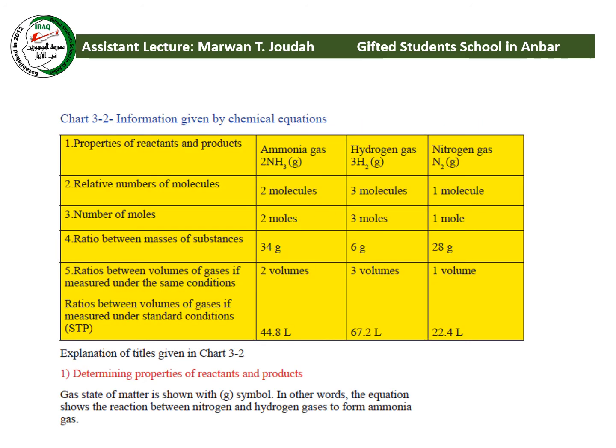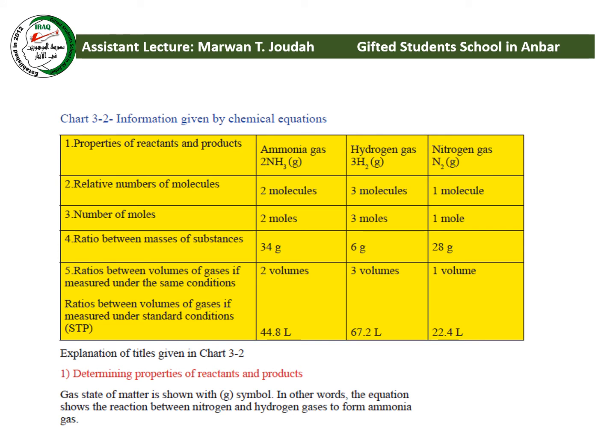From the previous reaction, the properties of the reactants and the products: we said it's gas and gas and gas. The relative numbers of moles: 2 moles, 3 moles, and 1 mole for the nitrogen.